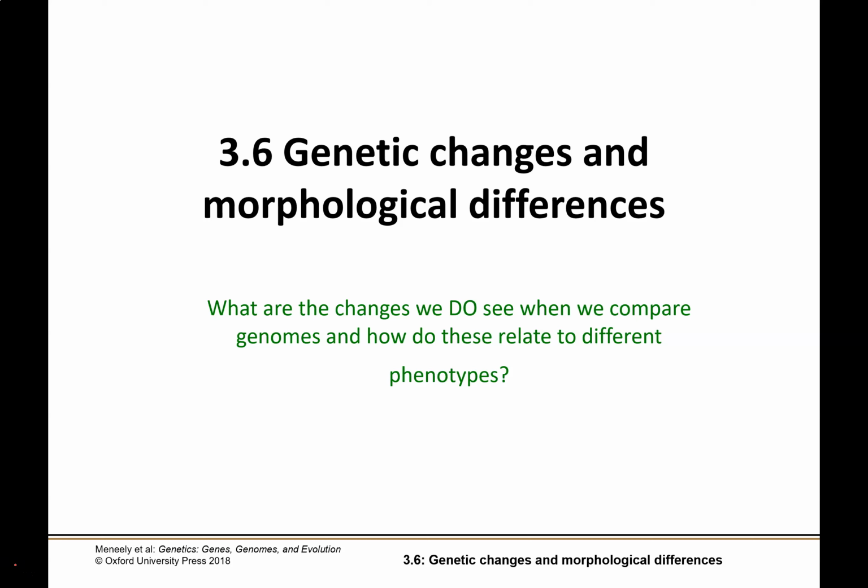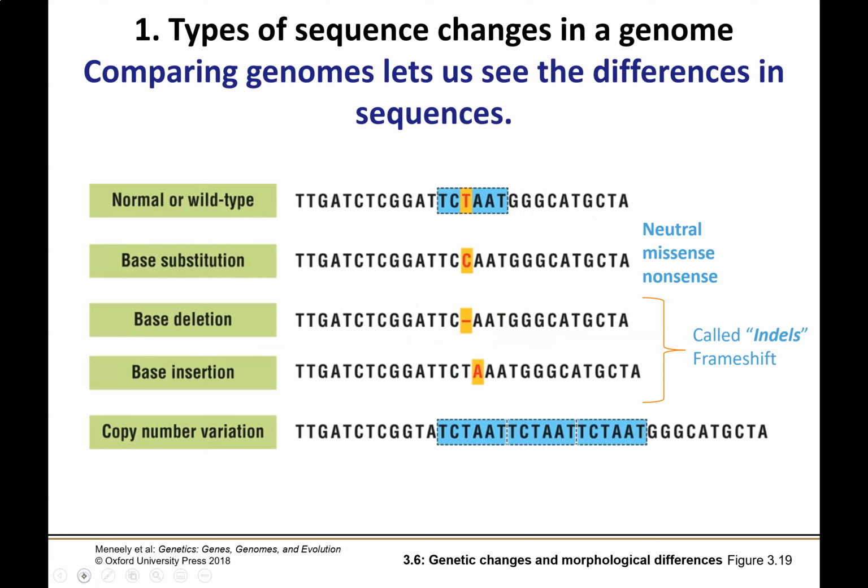So let's look at what happens to the genome when genetic changes actually do occur. So let's look at how those changes actually affect the phenotypic or morphological differences within an organism. So at the lowest level, change is going to occur at the base pair sequence level.